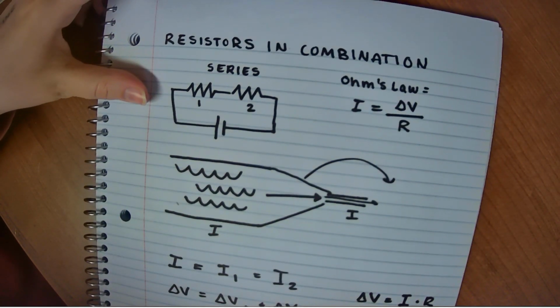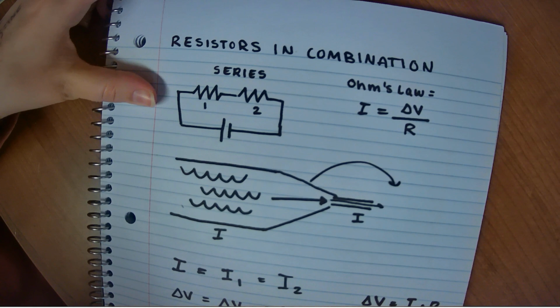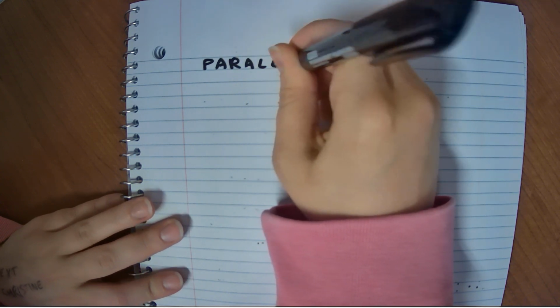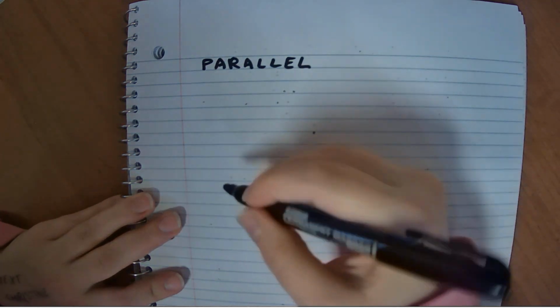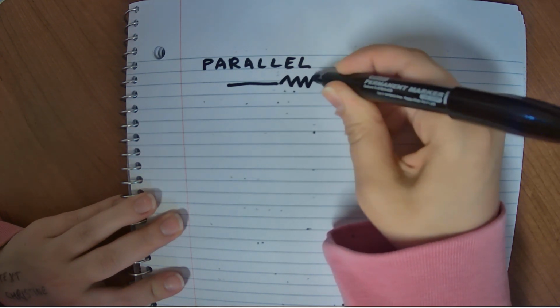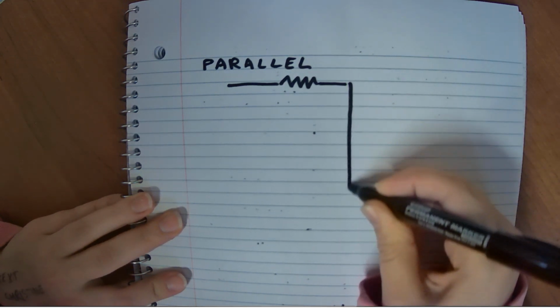So let's look at how we would find the equivalent resistance across resistors in parallel. So let's have some resistors in parallel here.